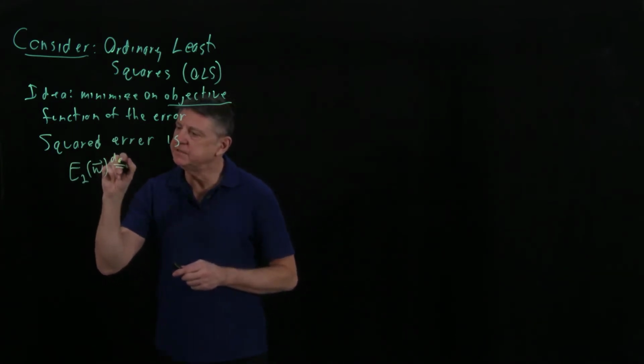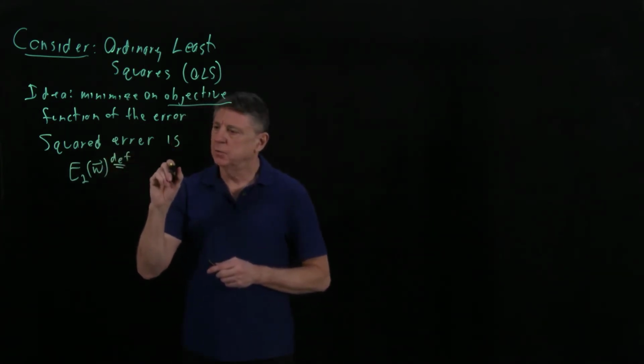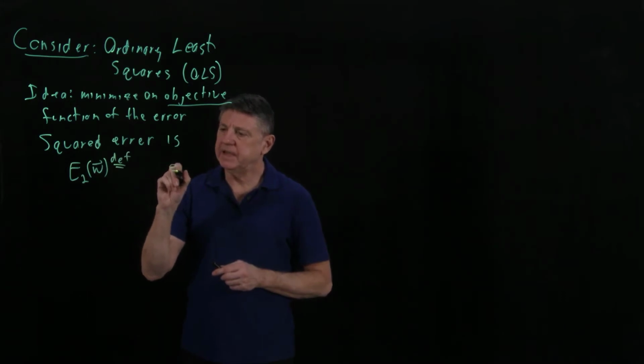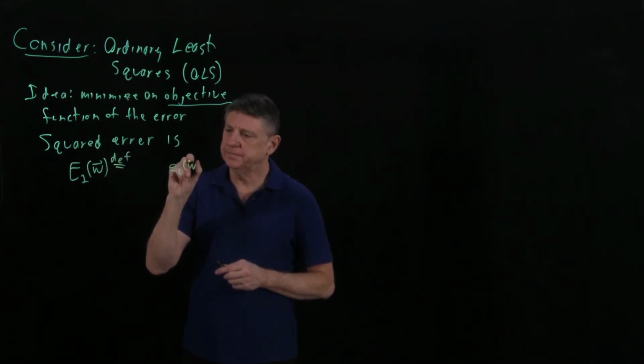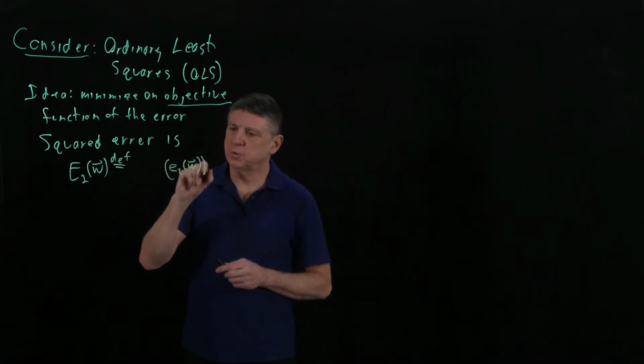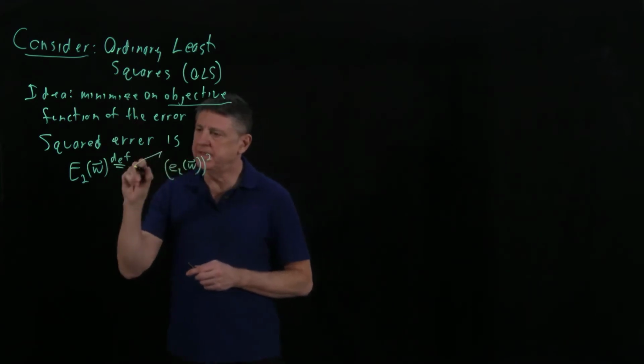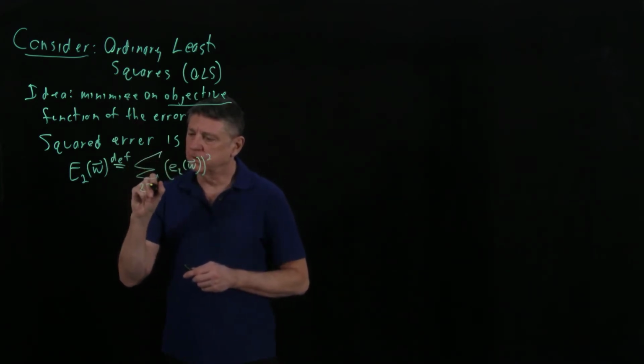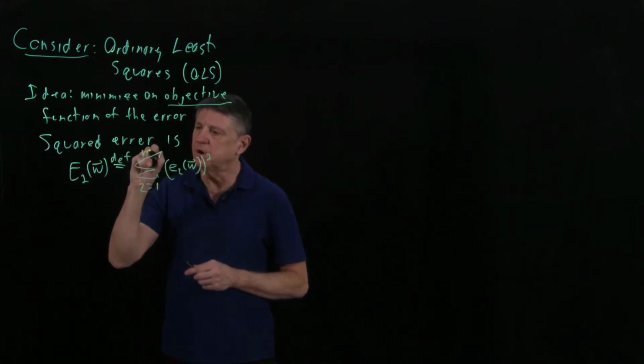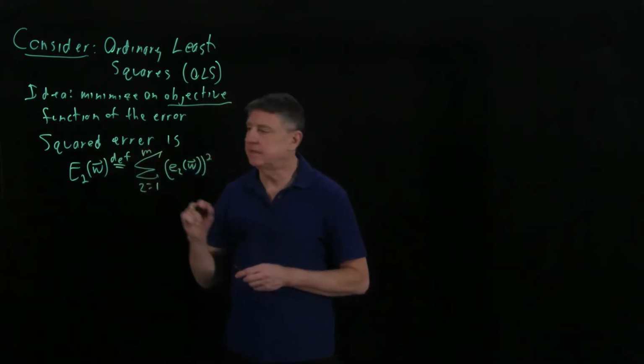That is defined as we take the ith error and we square that ith error, and then we sum over i for all of the observations that are present in the data.